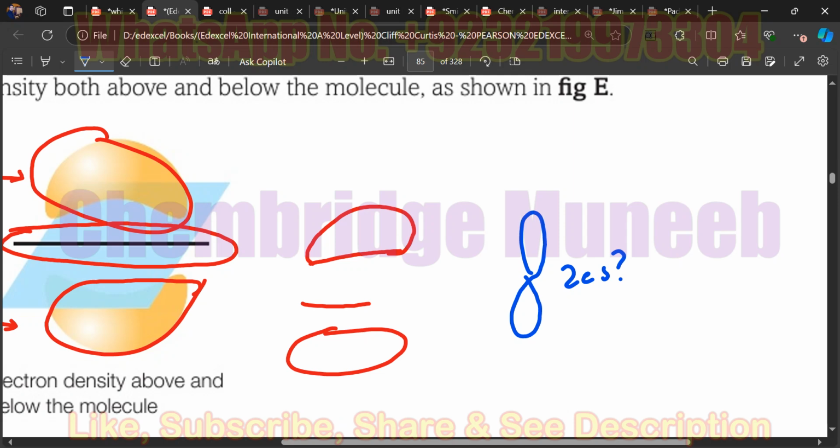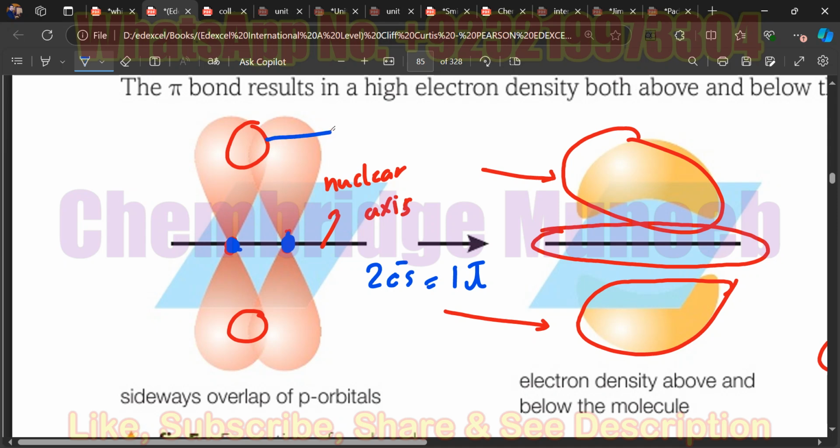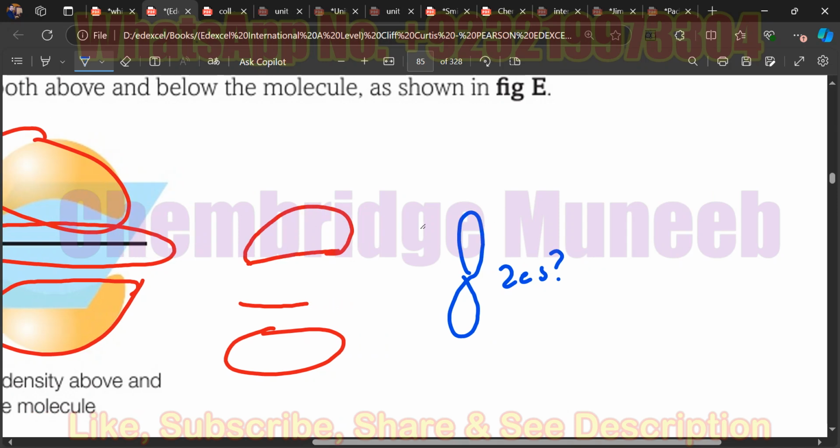Okay, you mean the 2 overlaps means 2 electrons at this point, and 2 electrons at this point? Yeah. No. Basically, the shape of the p subshell is like this one, and there are definitely 2 electrons in one p orbital.